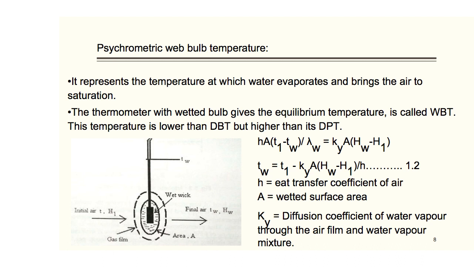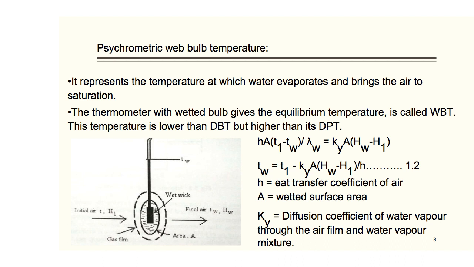So it is written here, it represents the temperature at which water evaporates and brings the air to saturation, and the thermometer with the wetted bulb gives the equilibrium temperature, called the wet bulb temperature. This temperature is lower than the dry bulb temperature but higher than the dew point temperature.